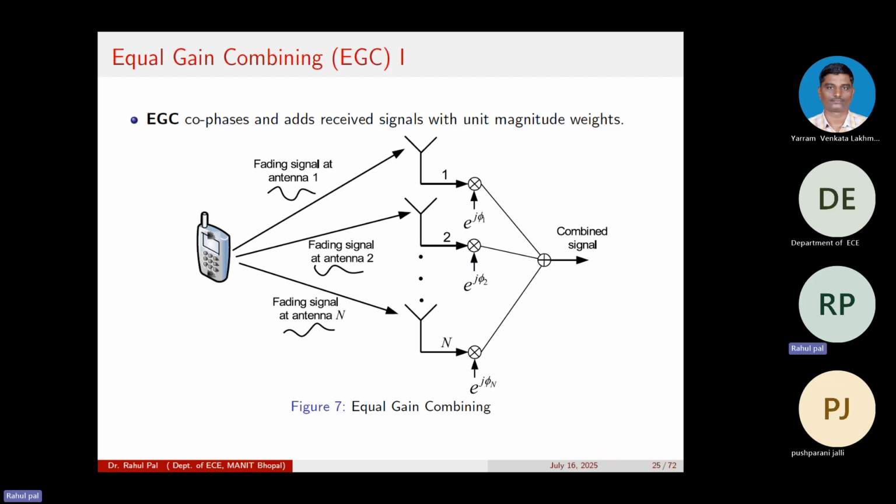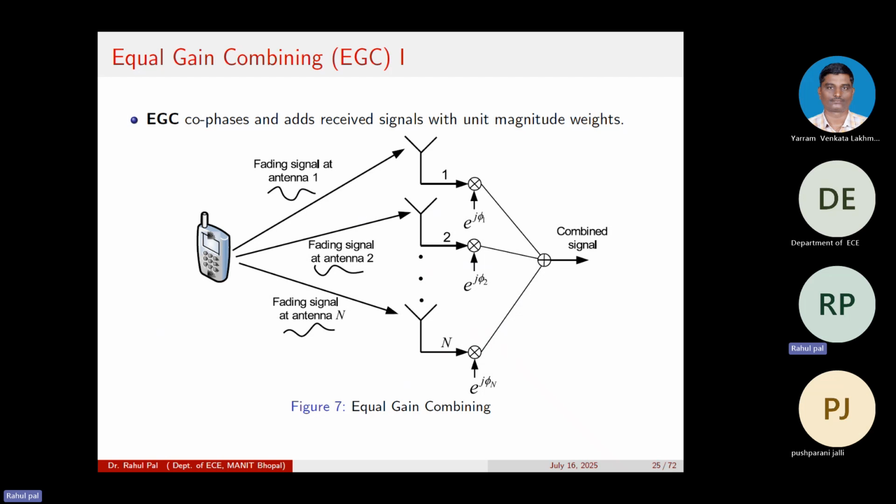Let's see the last configuration here. Equal gain combining. So what we are doing in equal gain combining is the same as maximum ratio combining, but there is a little difference here. H is a complex number, and a complex number has an amplitude as well as a phase part.